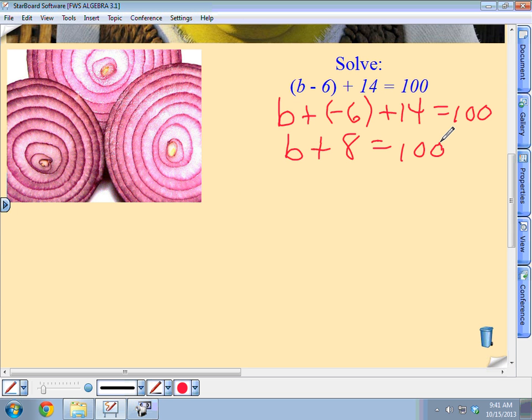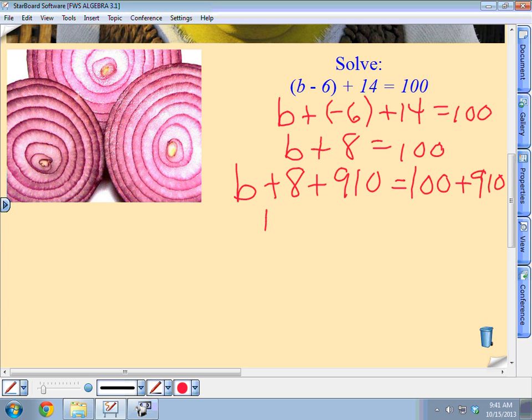910. All right. So if I say this, b plus 8 plus 910 equals 100 plus 910. Is that a true statement? Are those things equal, Eric? The answer is yes, because as long as I add the same thing to both sides, that's a true statement.